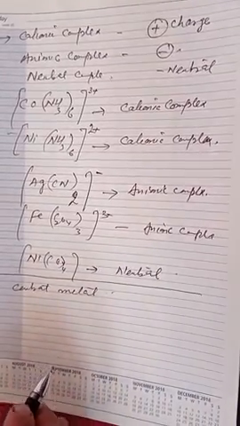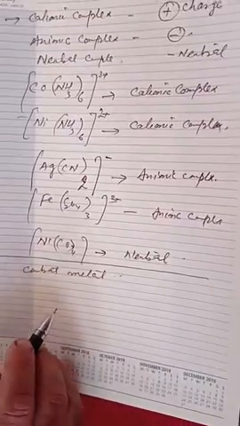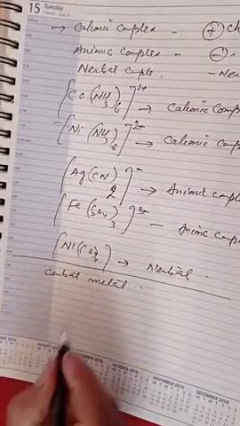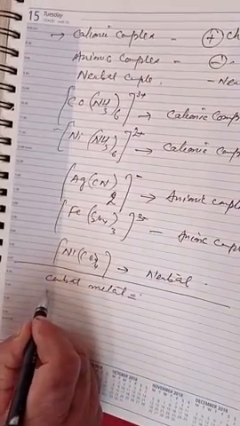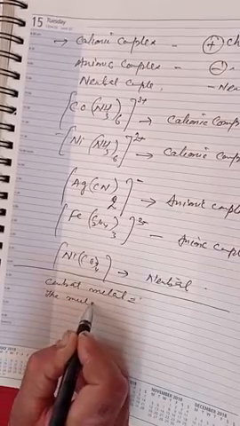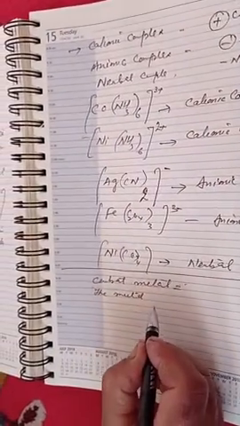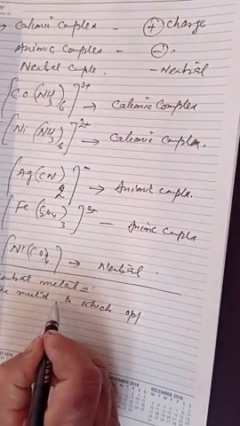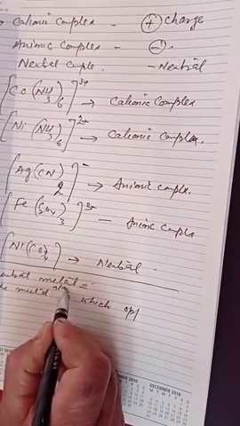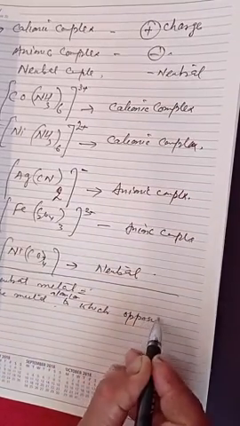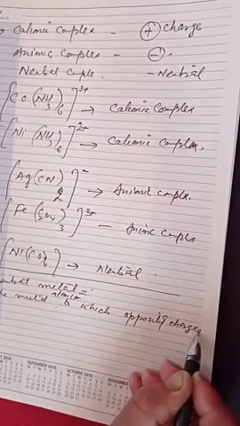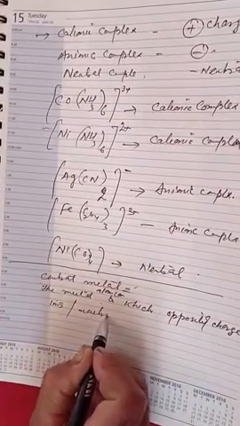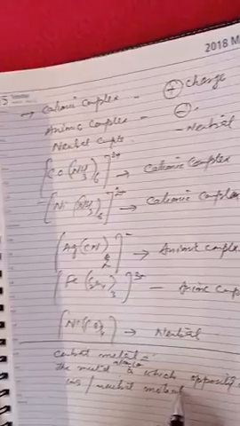Now, in the coordination complex you have read, there is a central metal atom. So what is the central metal atom? The central atom is the metal atom, usually a d block element, to which oppositely charged ions or neutral molecules are bonded.